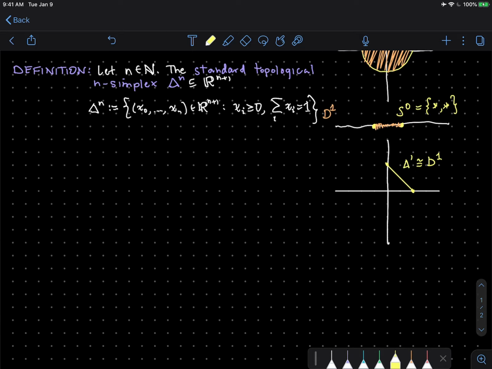Good. Next up, we have a big class of examples that are really, really important. And we'll need to give a definition for each one, each field, the real numbers, the complex numbers, and the quaternions or Hamiltonians.